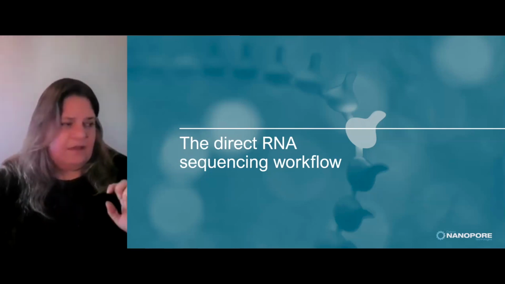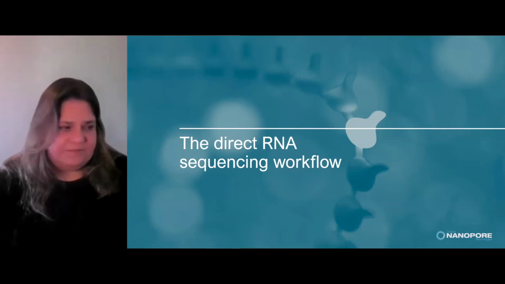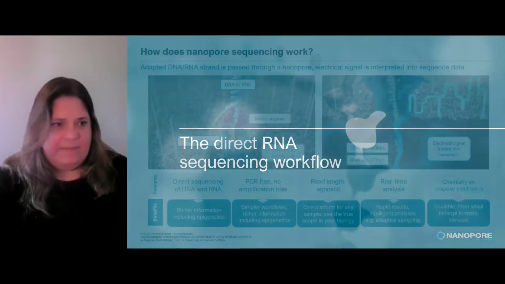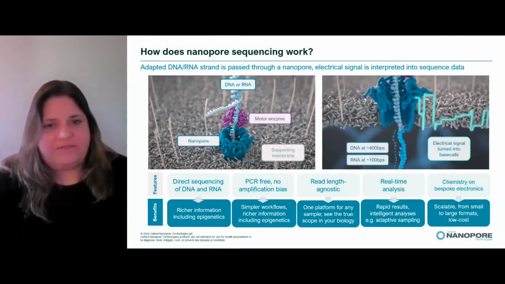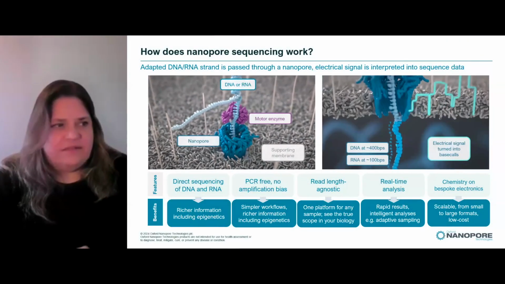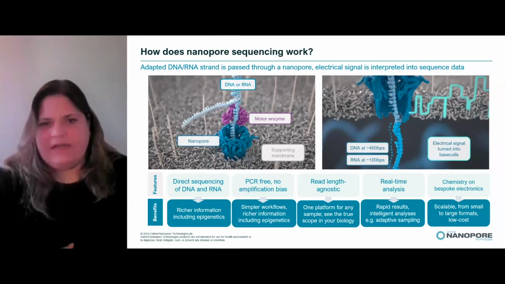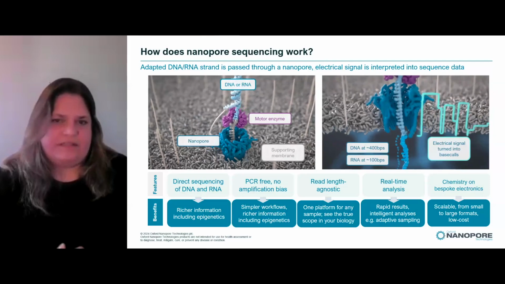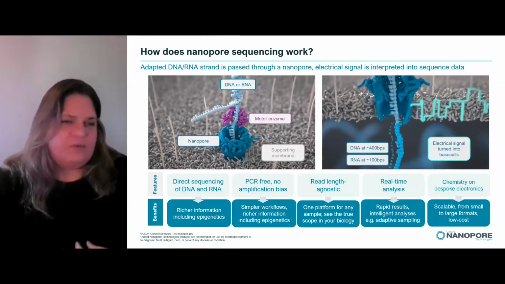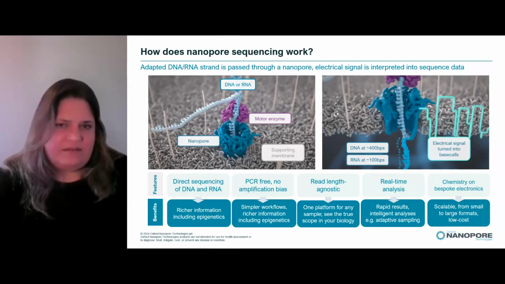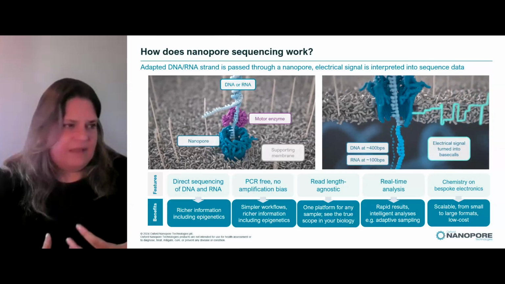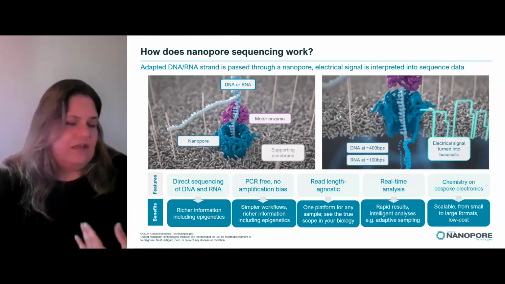So I'm going to walk you through the workflow. It's quite simple, but there are a lot of ways that people can get a bit confused or a bit worried about how they interpret how these things function. The platform itself is based on the central tenet of the nanopore.